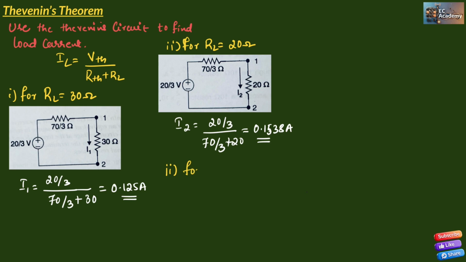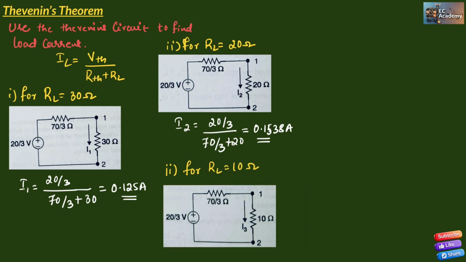Similarly, for 10 ohm load resistance, the load current I3 is equal to 20 by 3 divided by 70 by 3 plus 10. So this current will be equal to 0.2 amperes.